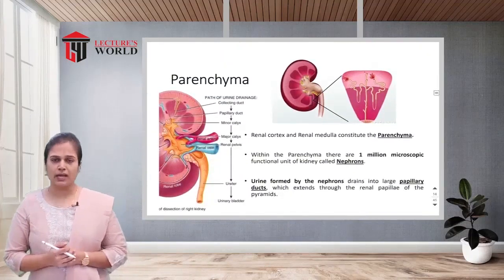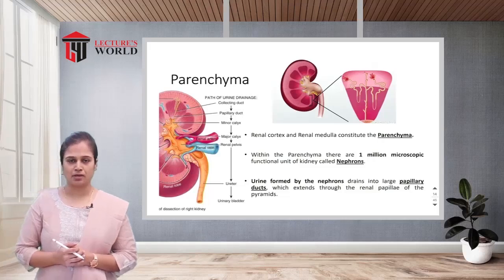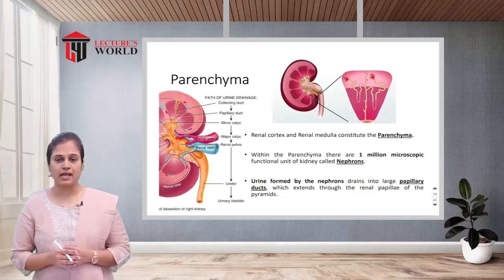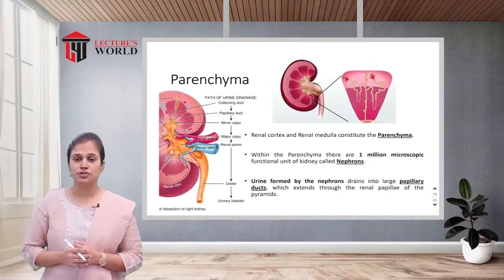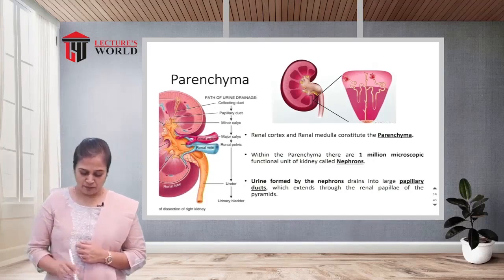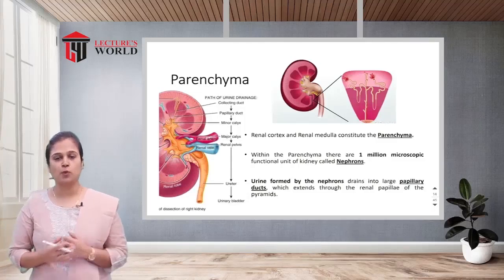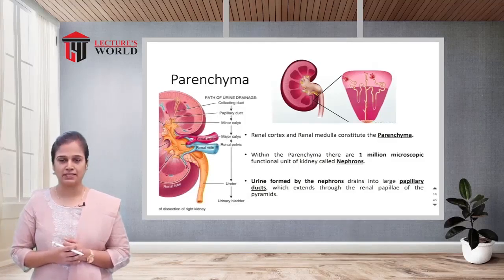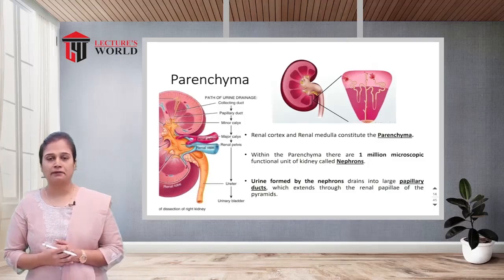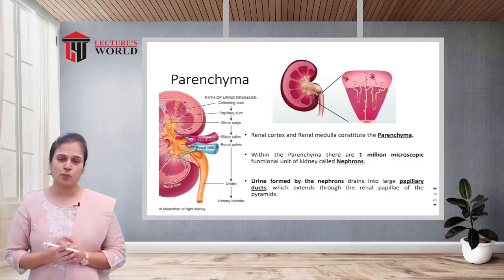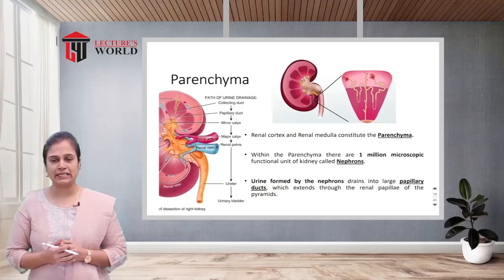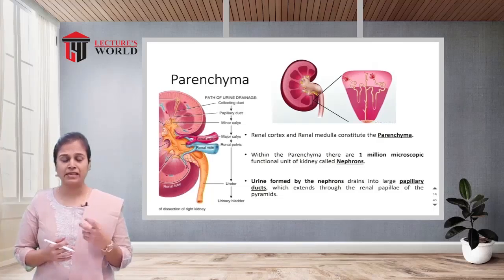After medulla and cortex, there is the parenchyma. The renal cortex and renal medulla constitute the parenchyma. Within the parenchyma, there are 1 million microscopic functional units of the kidney, which are called nephrons. They are microscopic because they are very tiny in structure, and there are millions in number.